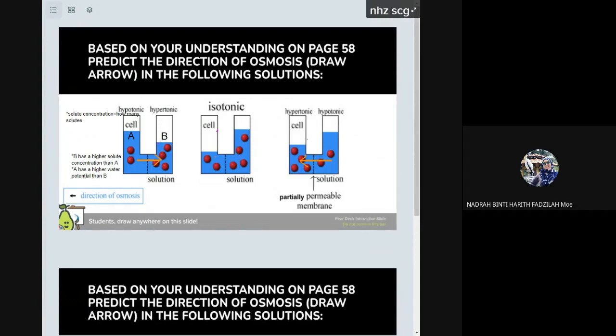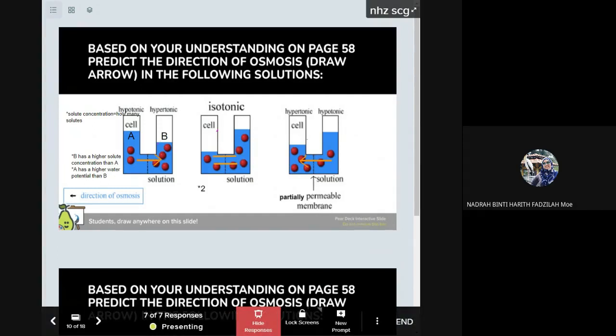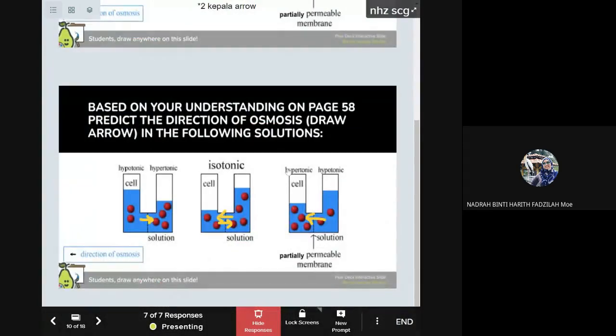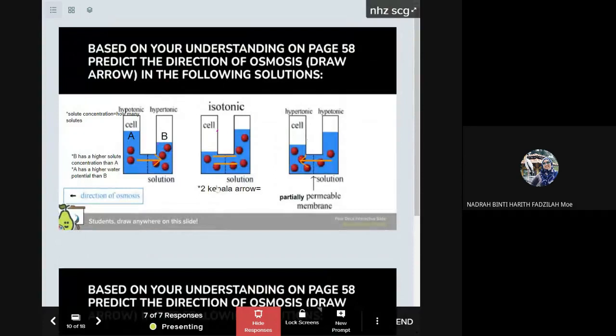So arrow dia satu je sebab arrow dia satu yang tak share, tak ada dua kepala arrow lah. Yang ada dua kepala arrow tu biasanya kita buat untuk chemical reaction. Itu pun macam ada syarat-syarat dia lah. Sekarang ni tujuan kita nak tunjuk direction. So kita buat macam tu lah. Satu kepala arrow ya. Okay, tak boleh combine ya. Alright. Okay, tak apa. We learn from experience kan.